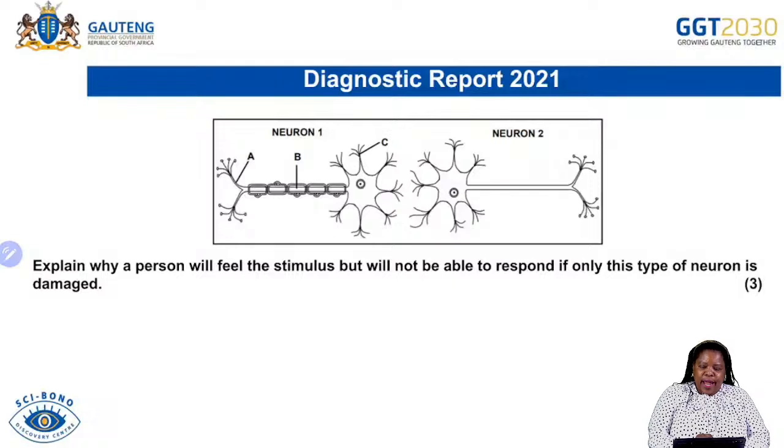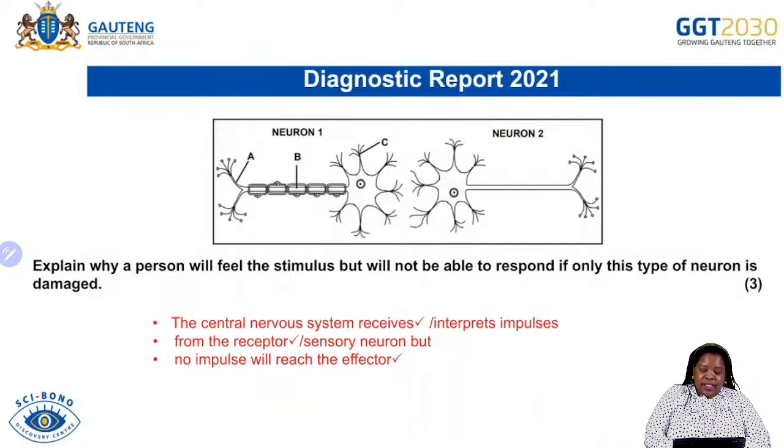Okay? Explain why a person will feel the stimulus but will not be able to respond if one of this type of neuron is damaged. So we've got neuron 1, neuron 2. If one of these neurons is damaged, explain why a person will feel a stimulus but will not be able to respond. Okay? Now, the central nervous system receives or interprets impulses from the receptor or sensory neuron, but no impulse will reach the effector.